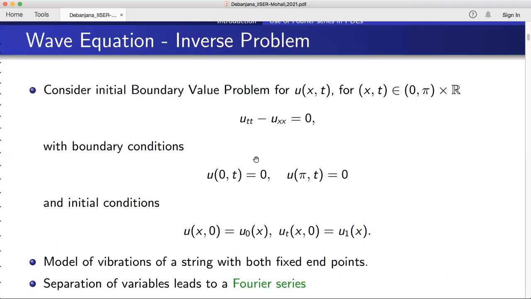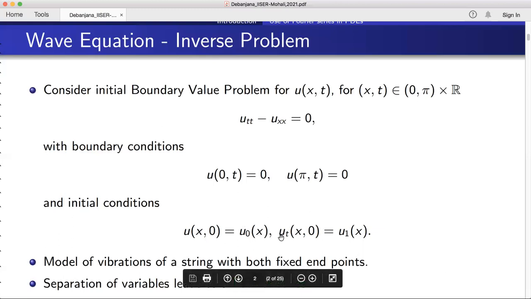Then since it is a time dependent problem and second order in time, we need to pose the initial conditions also. So that is given here. u naught is the value of u given at t equal to 0.